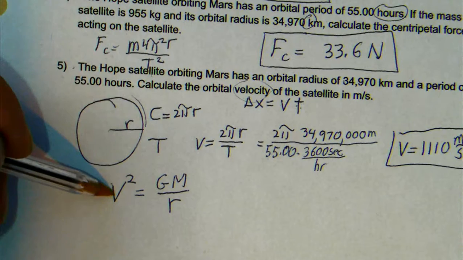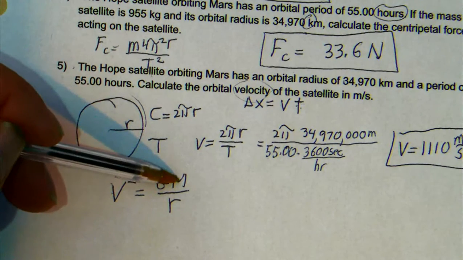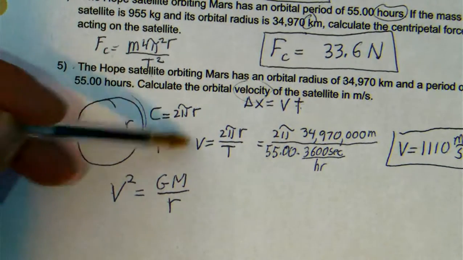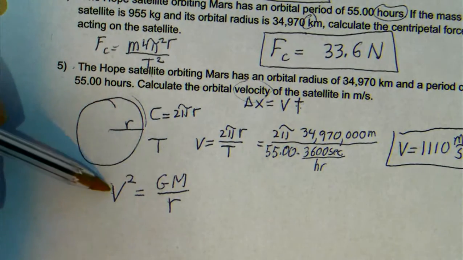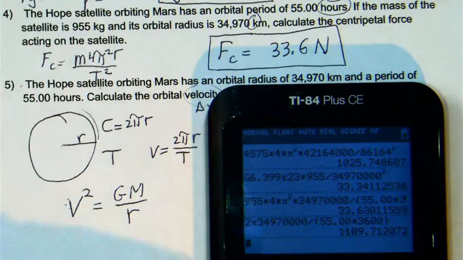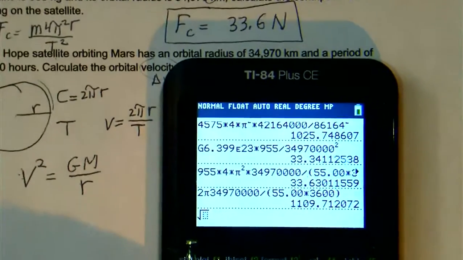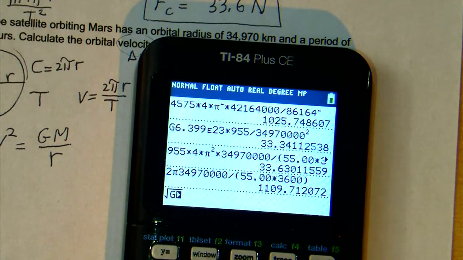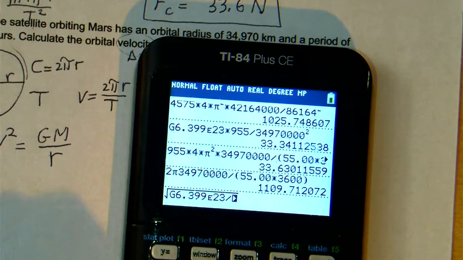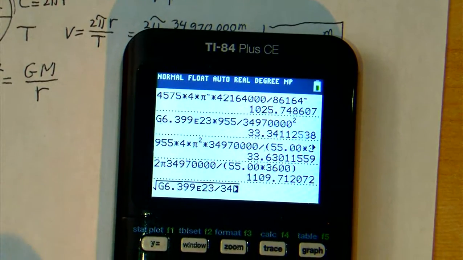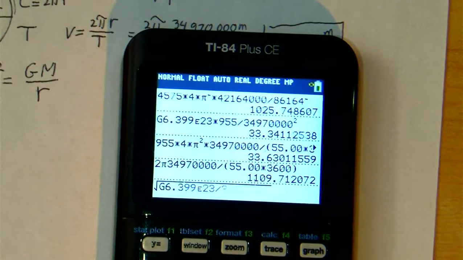If you did, then you use the mass of Mars and the orbit radius, take the square root of this, and you'll have the speed. I'll do it for you just to show you that yes, that works. Take the square root of G times the mass of Mars, which was 6.399 times 10 to the 23rd power, divided by the orbit radius, which was 34,970,000.